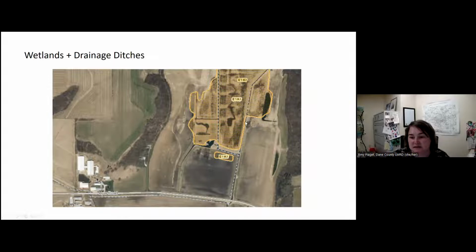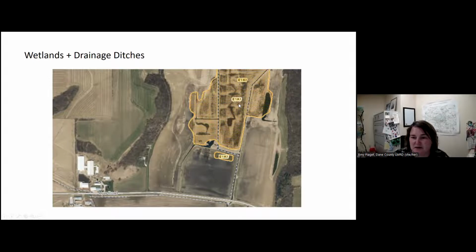We've got an intermittent stream mapped through here, but you can tell it's probably been manipulated in the past because it's pretty straightened and squared off. Most streams don't flow that way. But then we also have these other channels coming off. You can see some historical lines through there and some remnants of that.